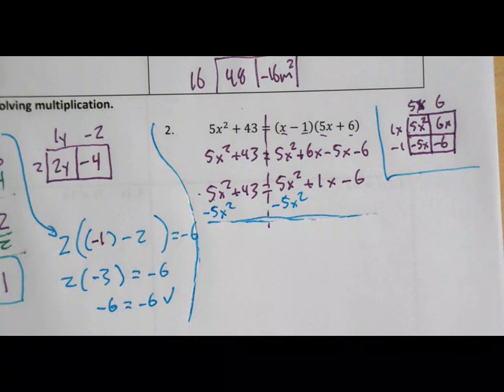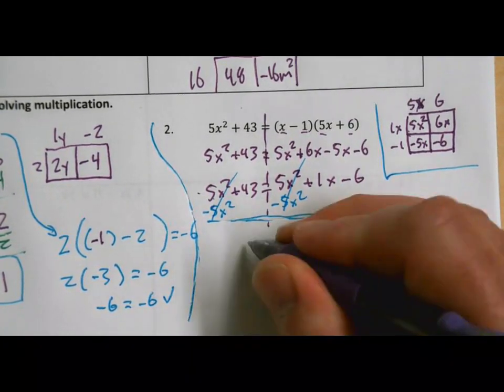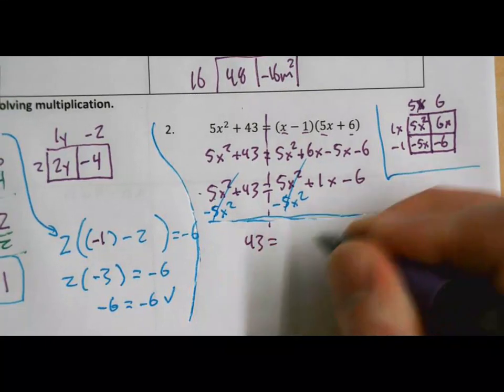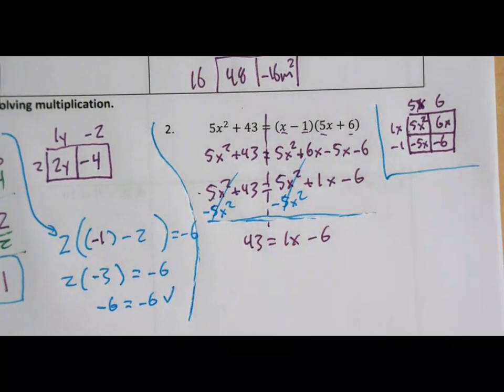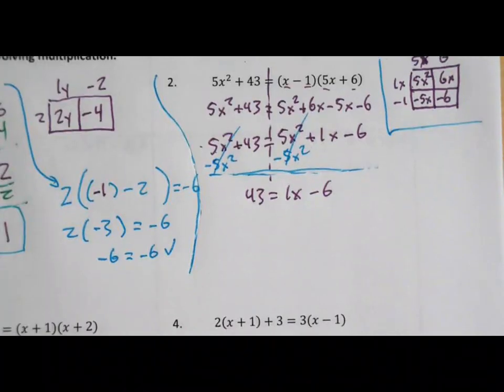They're just going to cancel, aren't they? So what do we got left? 43 equals 1x minus 6. Hey, all right. That's looking nice and tidy. I think we can get x by itself in one more step here. Right now, that x has a minus 6 on the same side. What am I going to do to get rid of that?